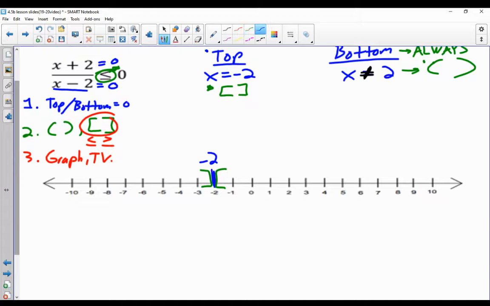That's what I meant to say. There we go. Then for the bottom, we have +2, and it's going to have open parentheses at +2. So I'm just going to go ahead and draw those.